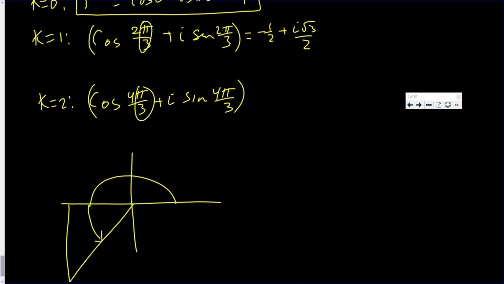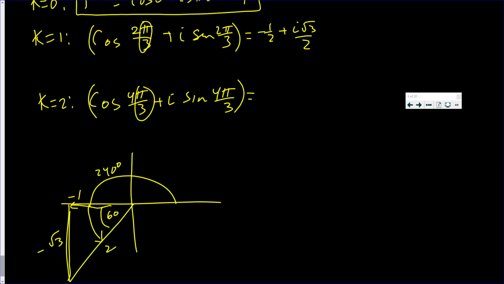The cosine of 240 is just the cosine of this reference angle. This is 1, 2, square root of 3. This is going down, so it's negative. This is going to the left, so that's negative.